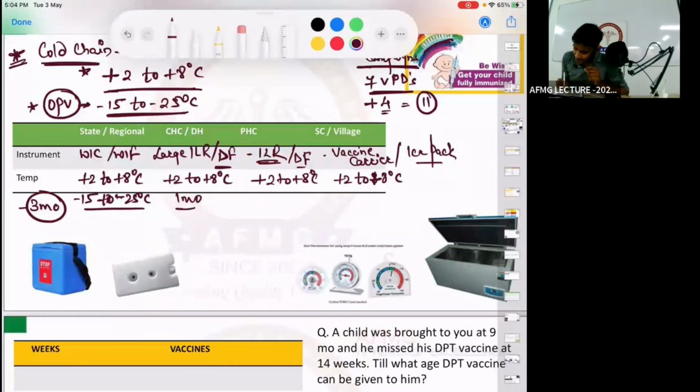At PSC, vaccines can be stored up to 1 month. At sub-center or village level, in a vaccine carrier, vaccine can be stored up to 24 to 48 hours, whereas in ice pack up to 2 to 4 hours. Okay, no issues with this.